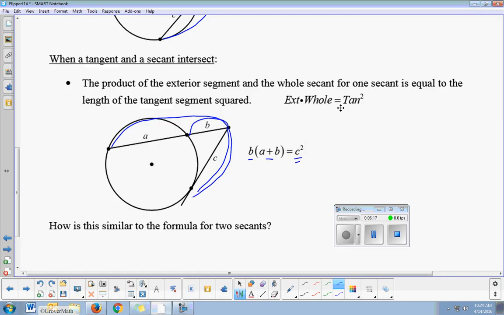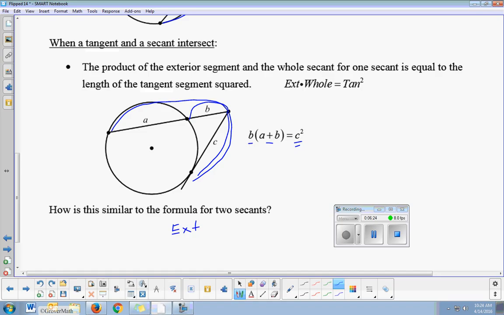Because the exterior is the whole for a tangent. So it still is kind of like exterior times whole, but for a tangent, that's just C times C. It is the exterior is C and the whole thing is C. So that is still kind of like whole times outside.